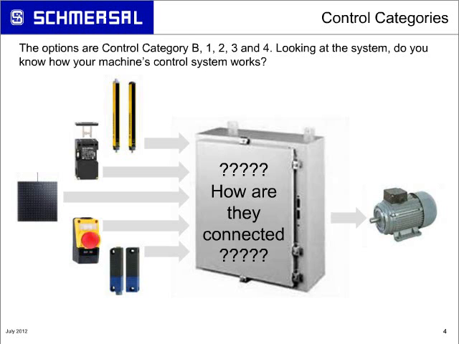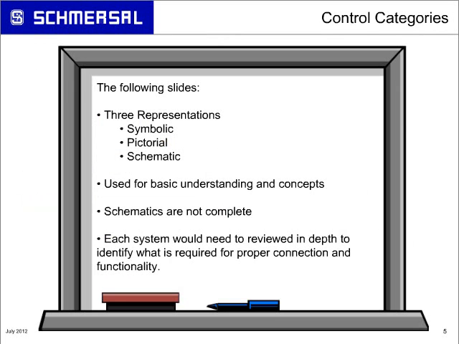The interconnection: a lot of people don't know what to look for and what to ask for. So in the next set of slides, we're going to break down the concepts of those different control categories, category B, 1, 2, 3, and 4. In doing that, we have three different representations: the symbolic representation, a pictorial, and then a schematic representation.